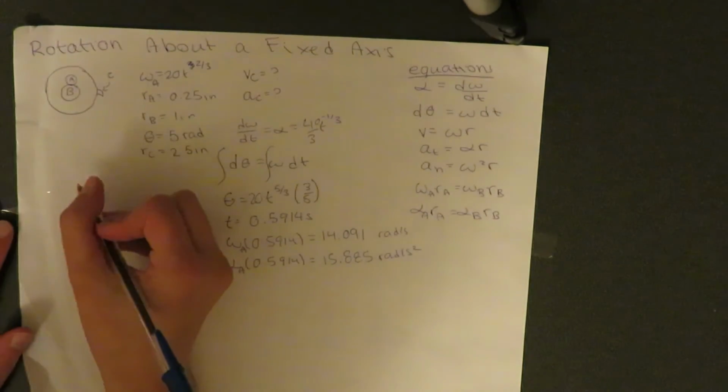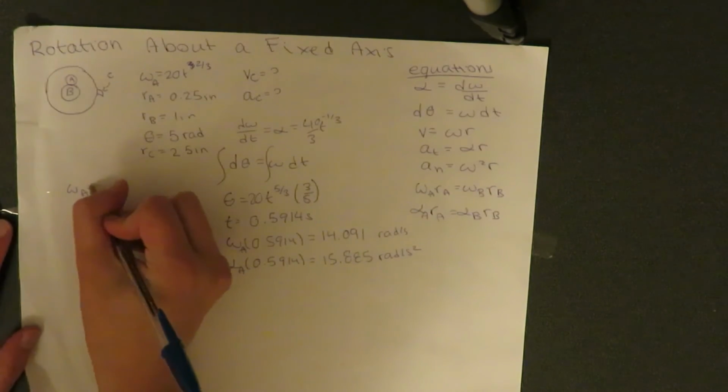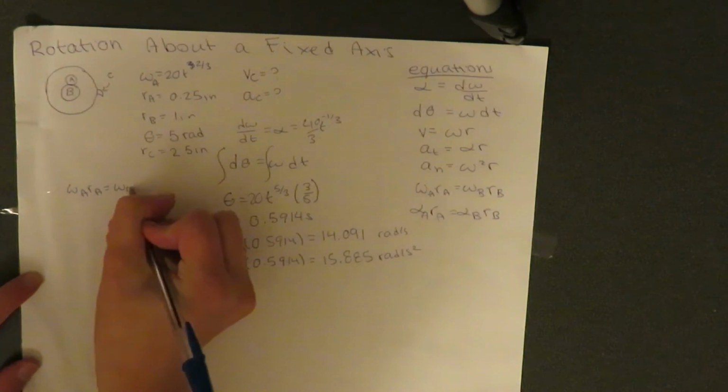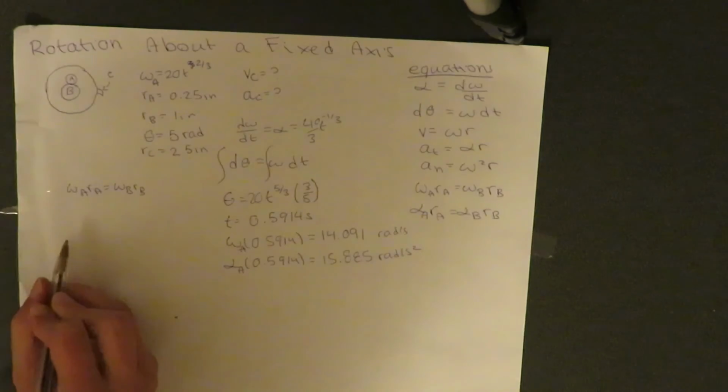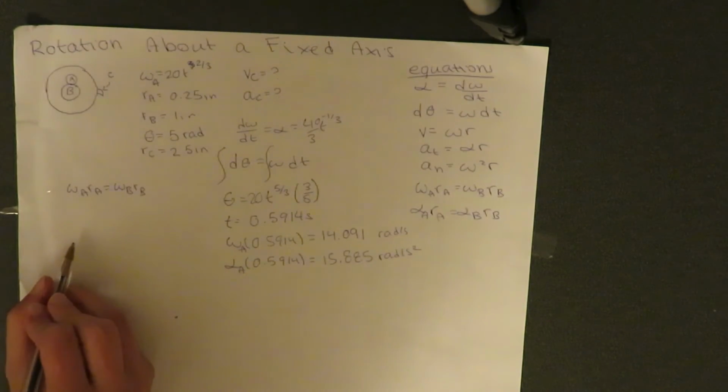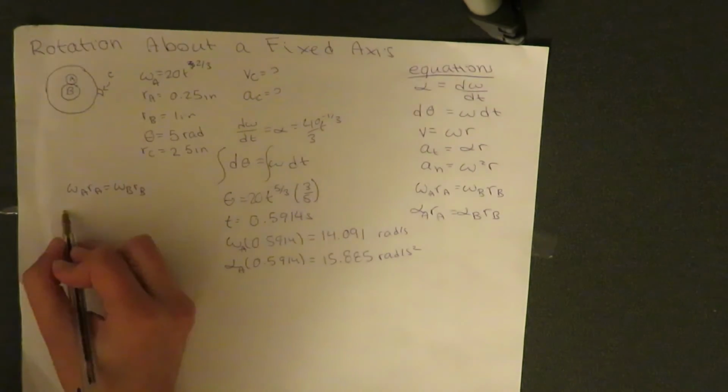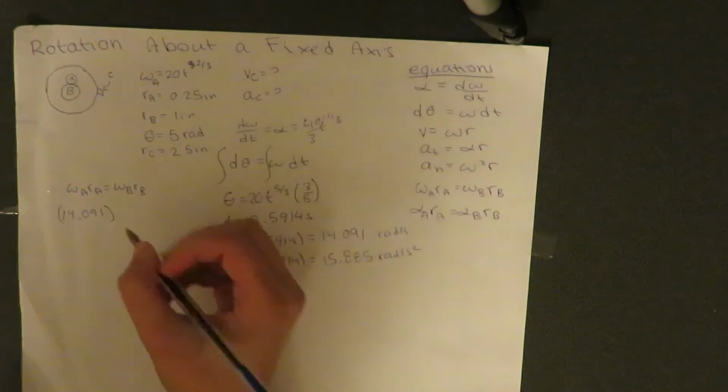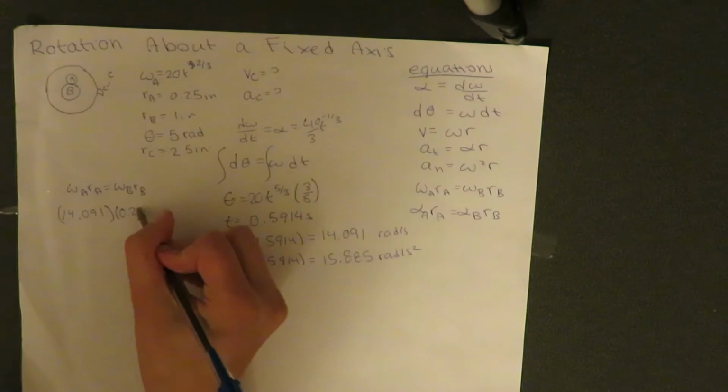So we know omega A RA is equal to omega B RB. So omega A we just found, it's 14.091, and we're given RA in the question at 0.25.